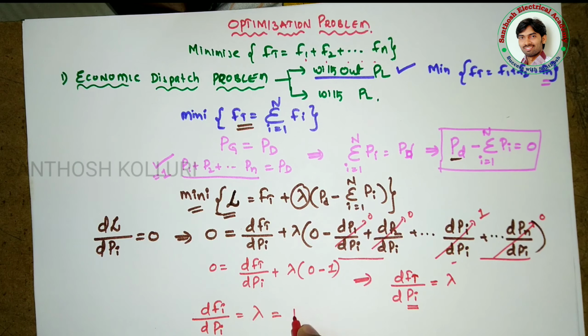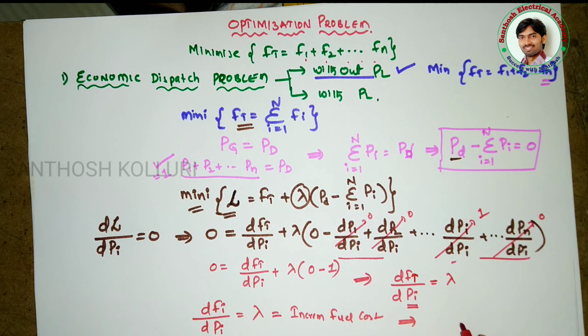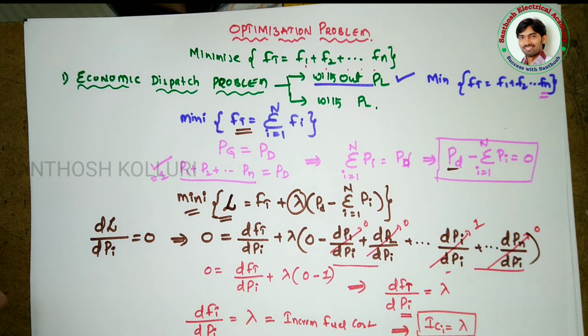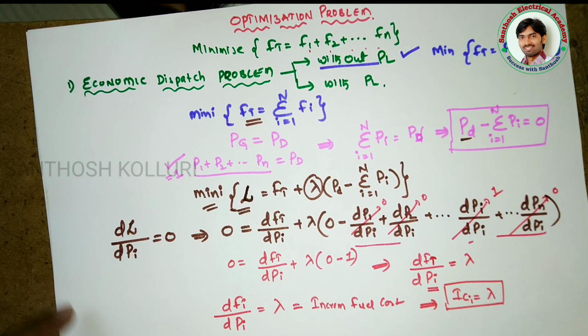You can call this the incremental fuel cost, IC. So the condition for getting minimum fuel cost is that the incremental cost of all the generators should be the same. That is your minimal solution for obtaining the minimum fuel cost.